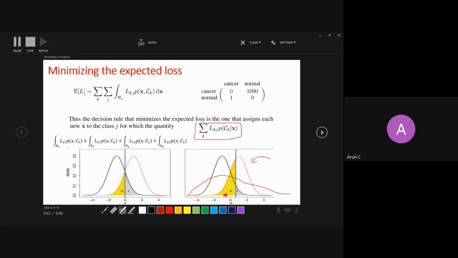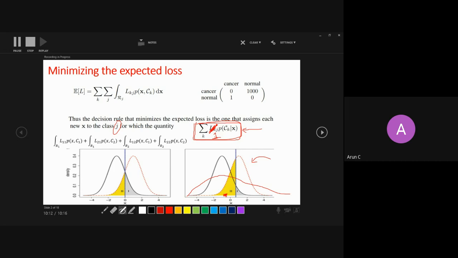In general, this is the formula. If you want to classify x to a particular class J, then this expression for all other classes except J should be minimum. If you replace the loss with 1, then this rule simply says you classify x to the class having maximum probability, which we discussed yesterday.